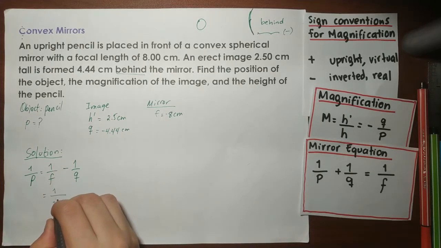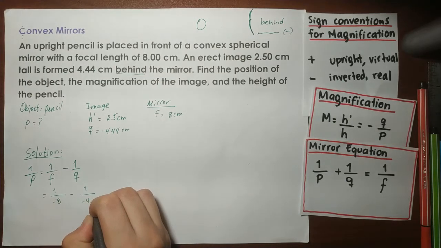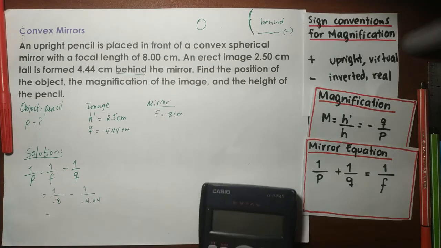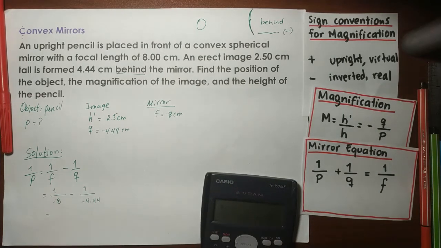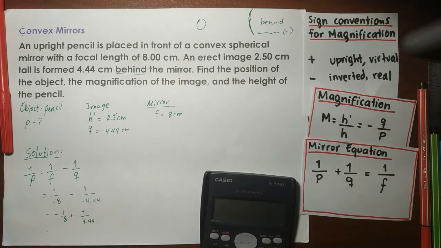1 over negative 8 minus 1 over negative 4.44. Let's see what happens here. Negative and negative is going to be positive. So this is going to be negative 1 over 8 plus 1 over 4.44.